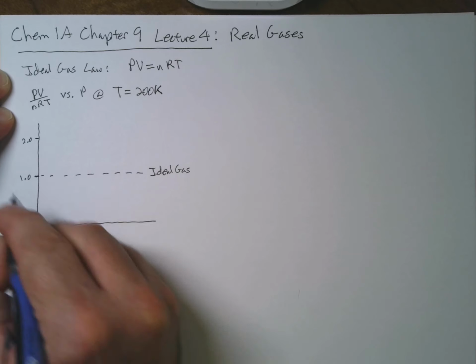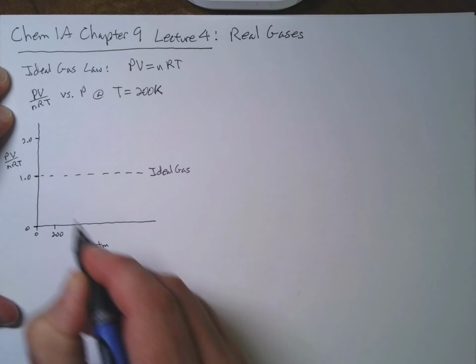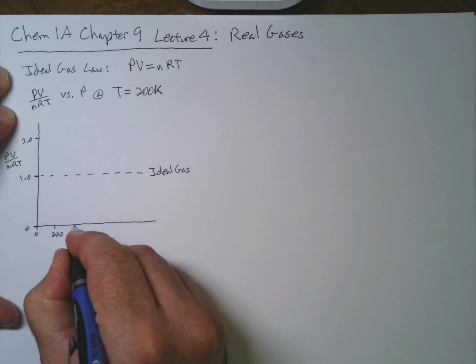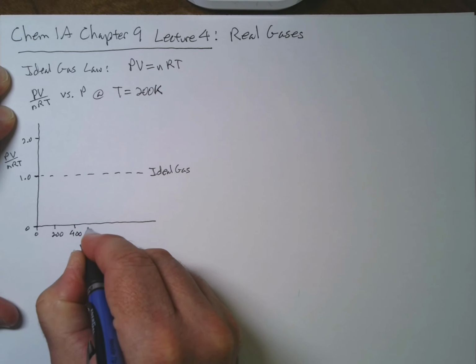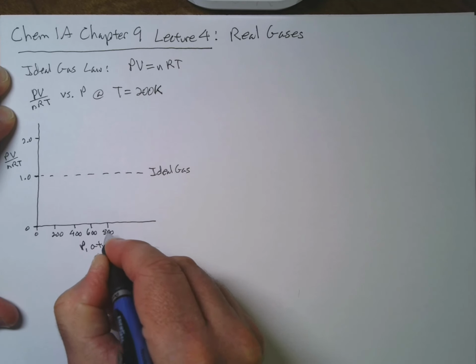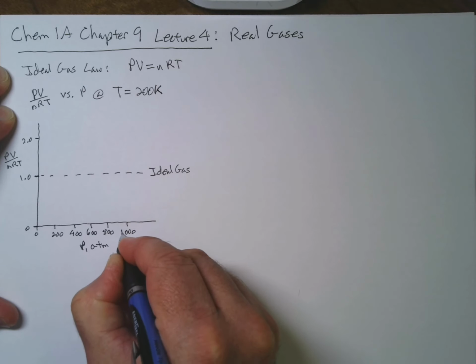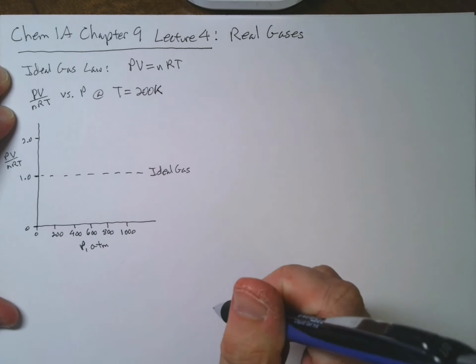So we have pressure in atmospheres on the x-axis, and PV over nRT on the y-axis, and that's unitless.